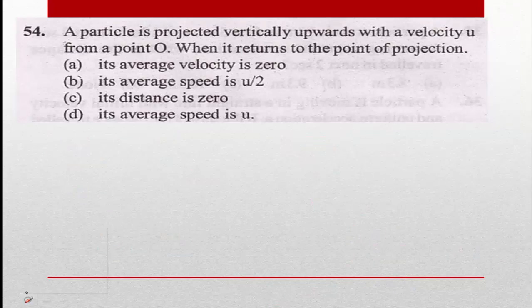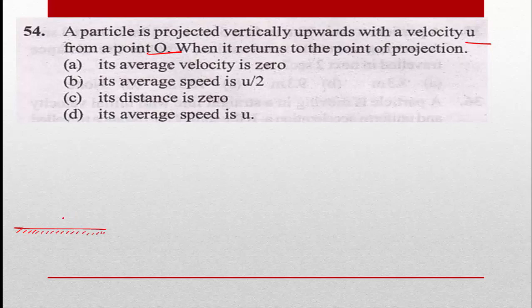And then question number 54. A particle is projected vertically upwards with a velocity u from the point O. When it returns to the point of projection, suppose you consider this is the surface of the earth.